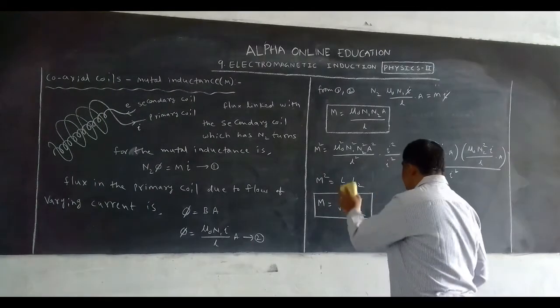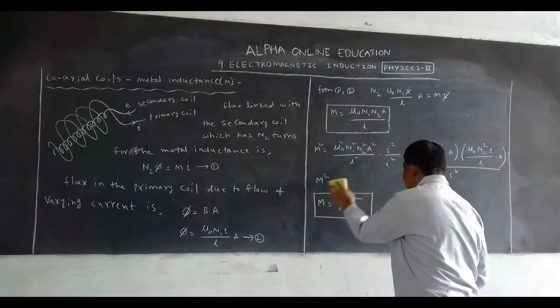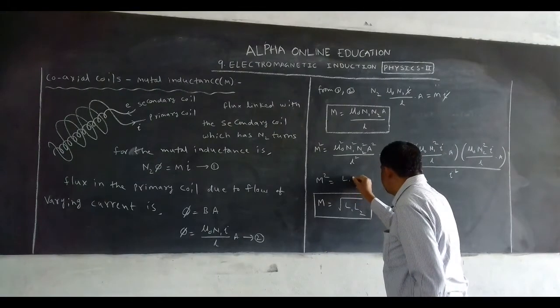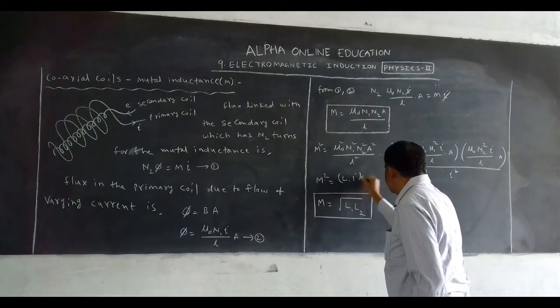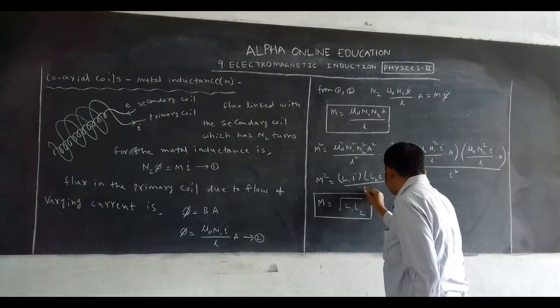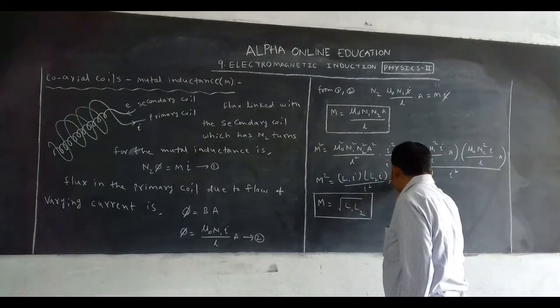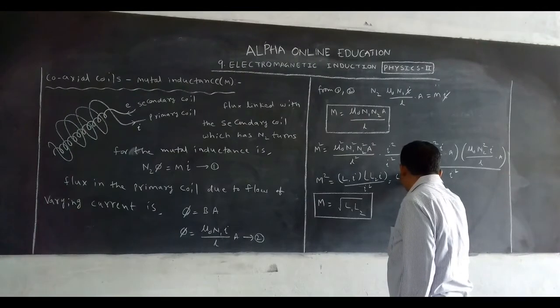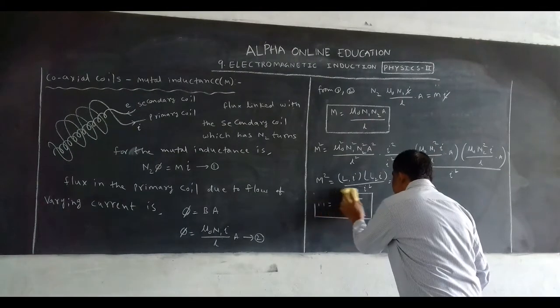What is the step I missed? It is this is L1 I into L2 I by I square. So L1 L2 I square by I square, these two cancel.